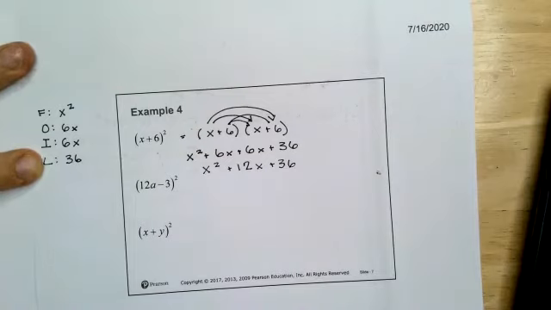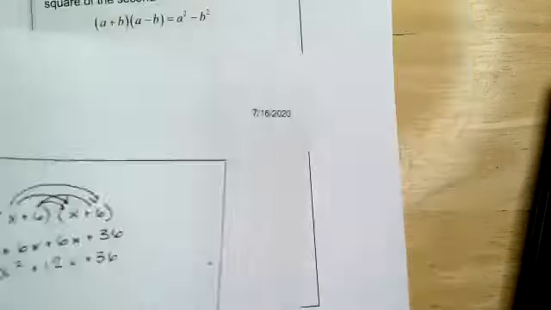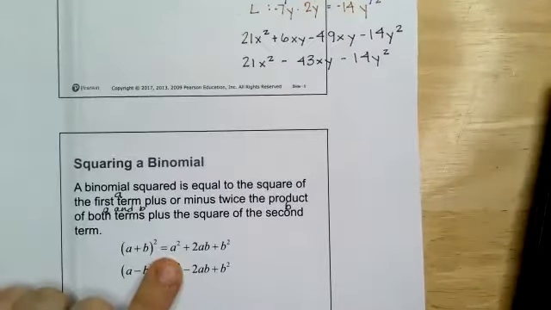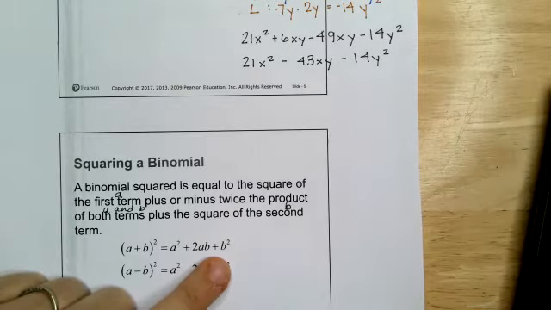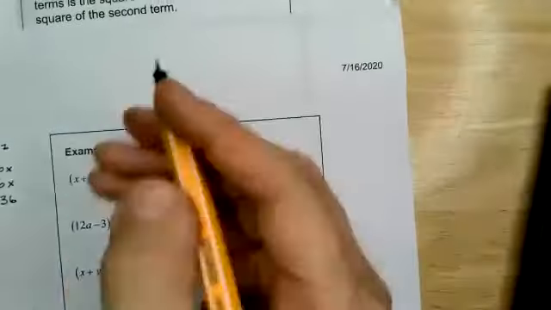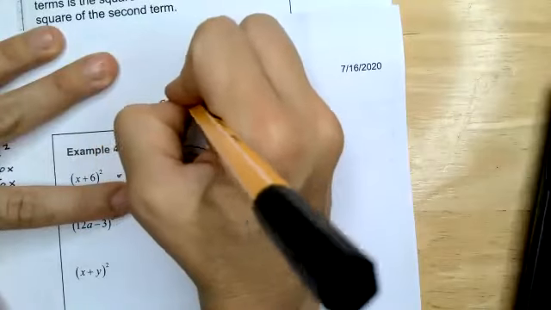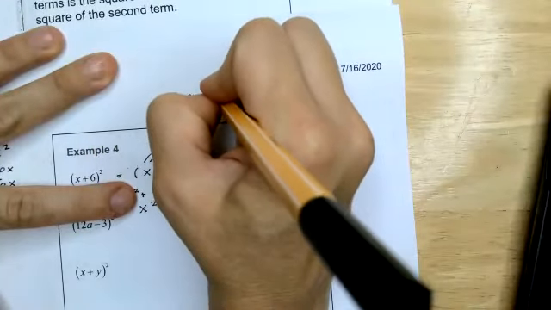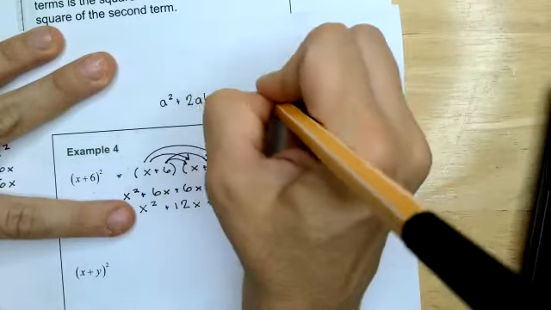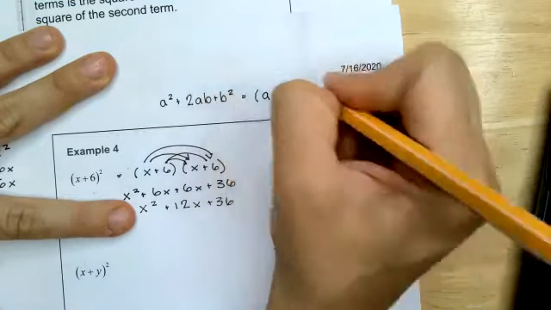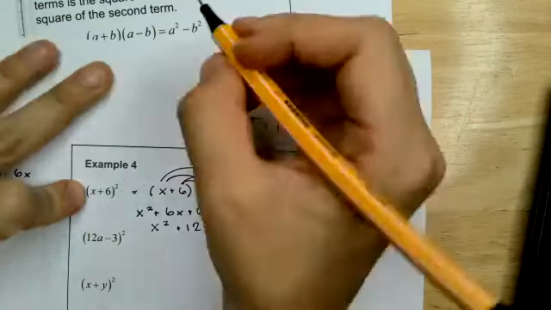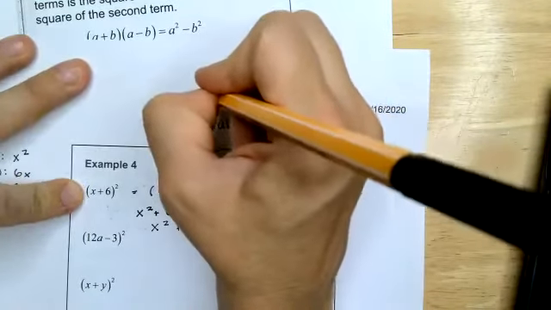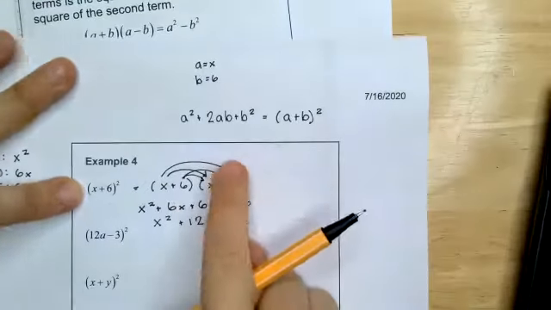And if we look at that special product rule, that is a squared plus 2ab plus b squared. Because a was x in this case, and b was 6, right?